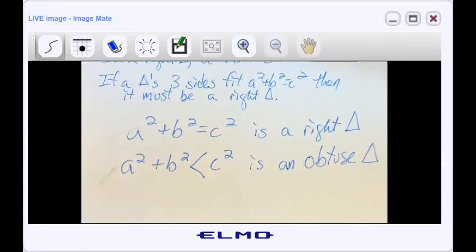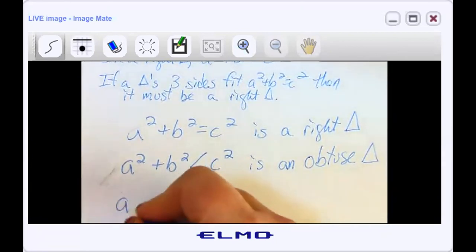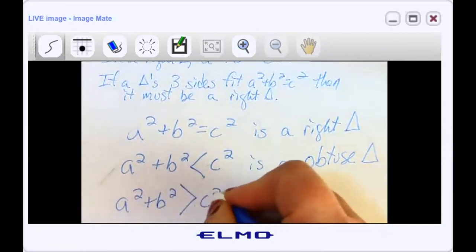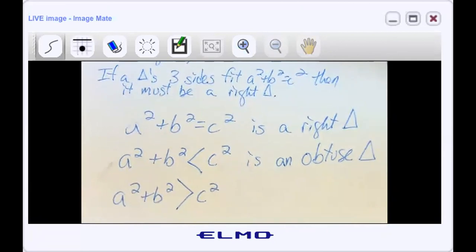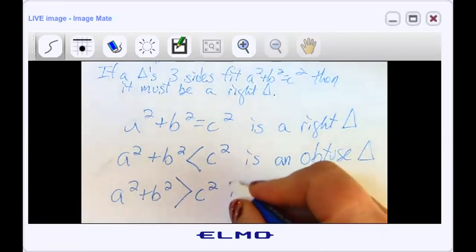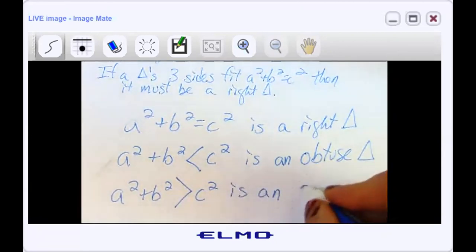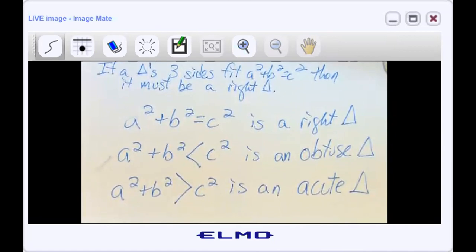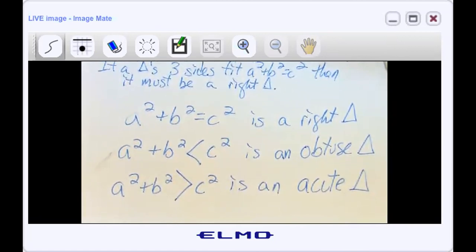So naturally, if you go the other way around, if a squared plus b squared is actually greater than c squared, now you know you have an acute triangle. How about that?